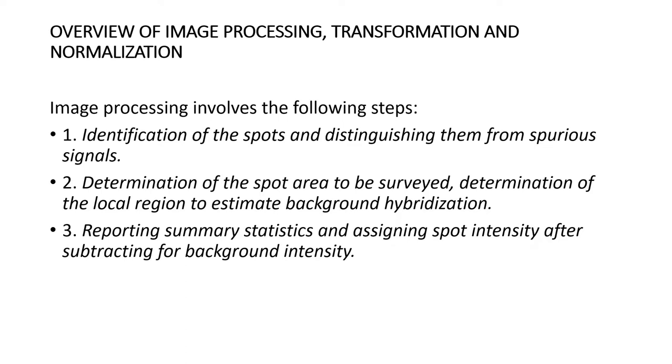There are mainly 3 steps. The first one is identification of spots and distinguishing them from spurious signals. In the last class I told you we have to discard the spurious spots and defective spots.